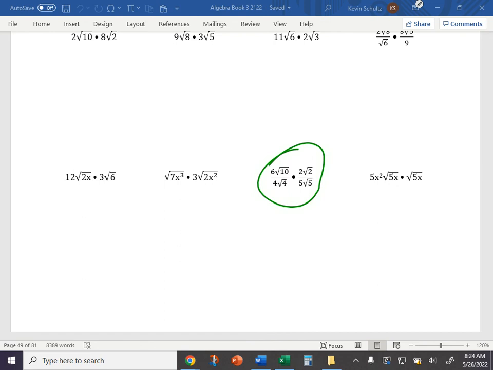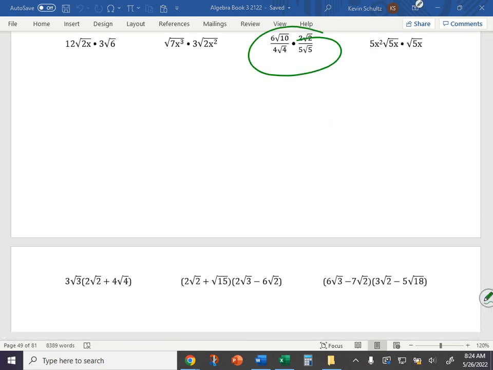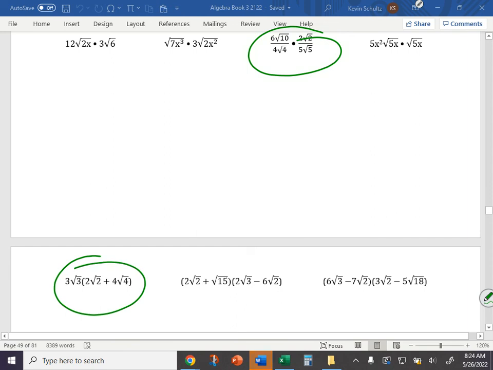But what will be required is only 2 questions. The 2 you need to do for Tuesday are circled up on the board.